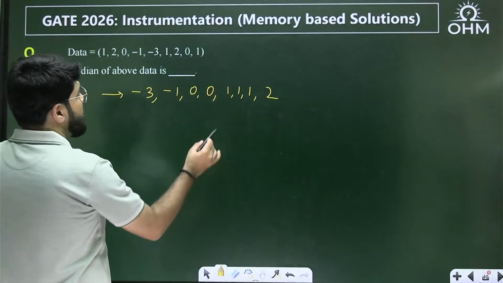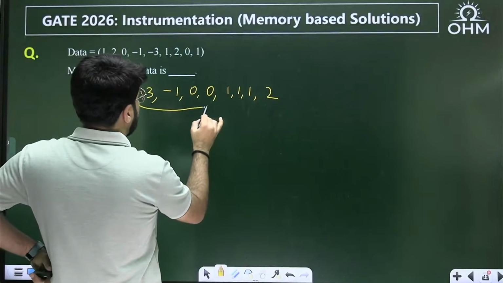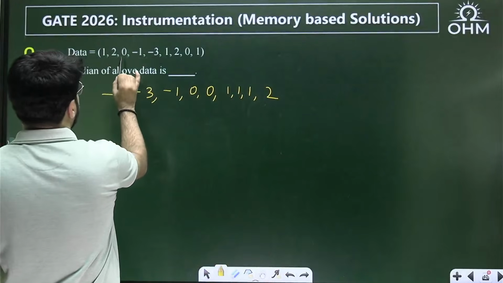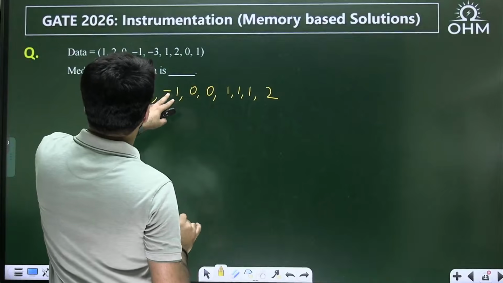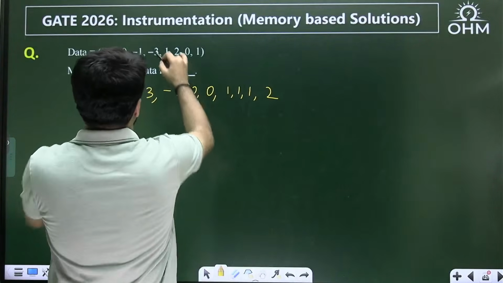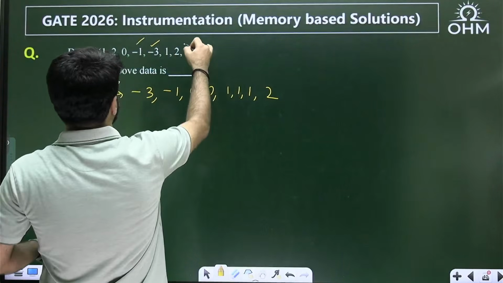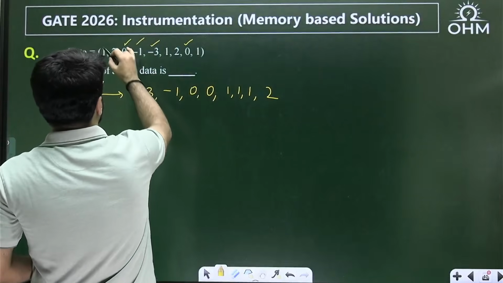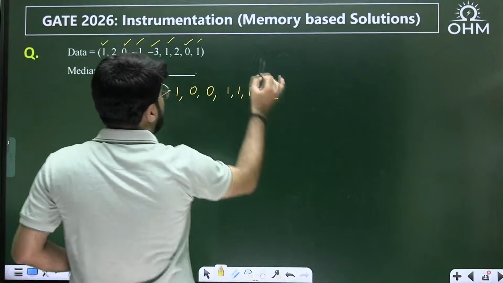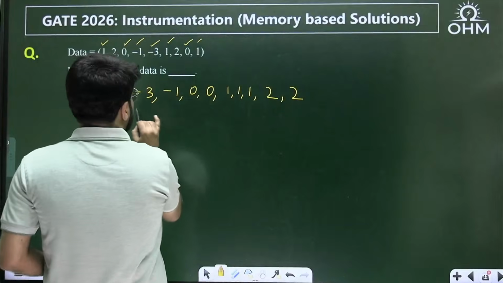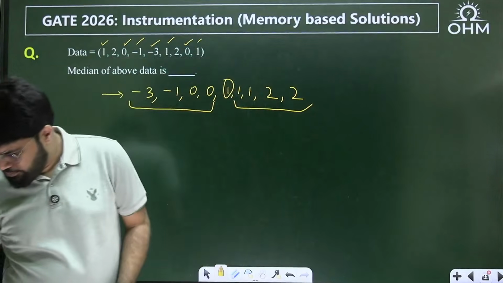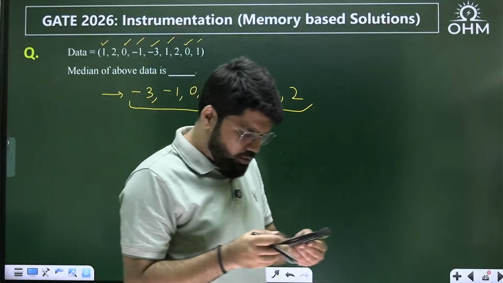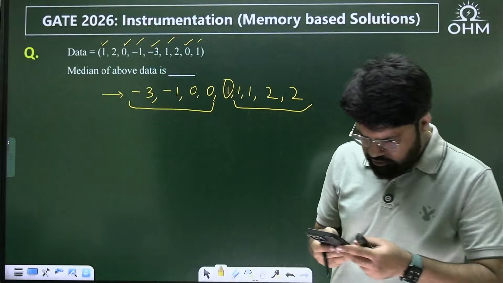Now is this 8 or 9? 1, 2, 3, 4, 5, 6, 7, 8, 9. What did I miss? -3, -1 is also once. 0 has been written twice. 1 is there, and 2 is there twice. So see, these are 4 numbers, these are 4 numbers. This is your median. Finished. I was not expecting they would ask this one simple case.